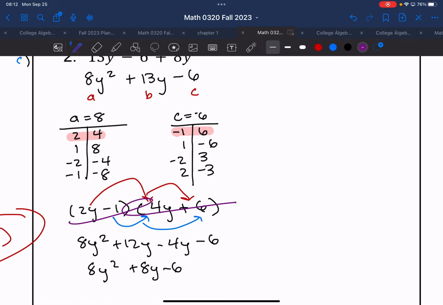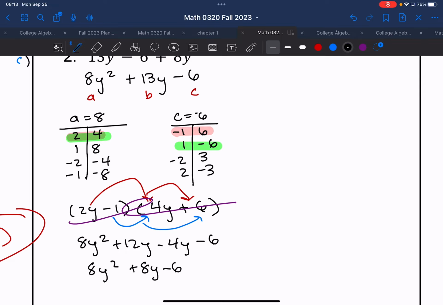Okay? So now we would have to go through and do this again, but use this option now. So we're going to stick with this 2 and the 4, but now we're going to move down to a 1 and a negative 6. And we're going to just do this step over again until we get the correct answer. Okay.